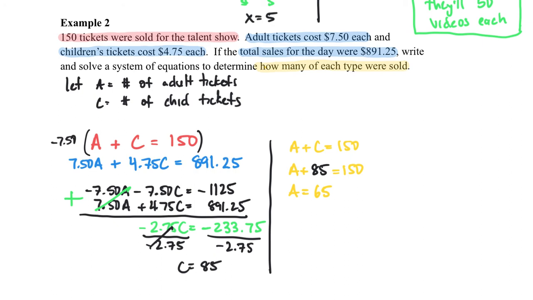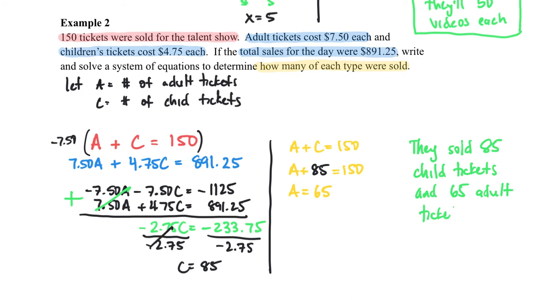So let me write my sentence to finish this off. They sold 85 child tickets and 65 adult tickets. And that's how we handle word problems.